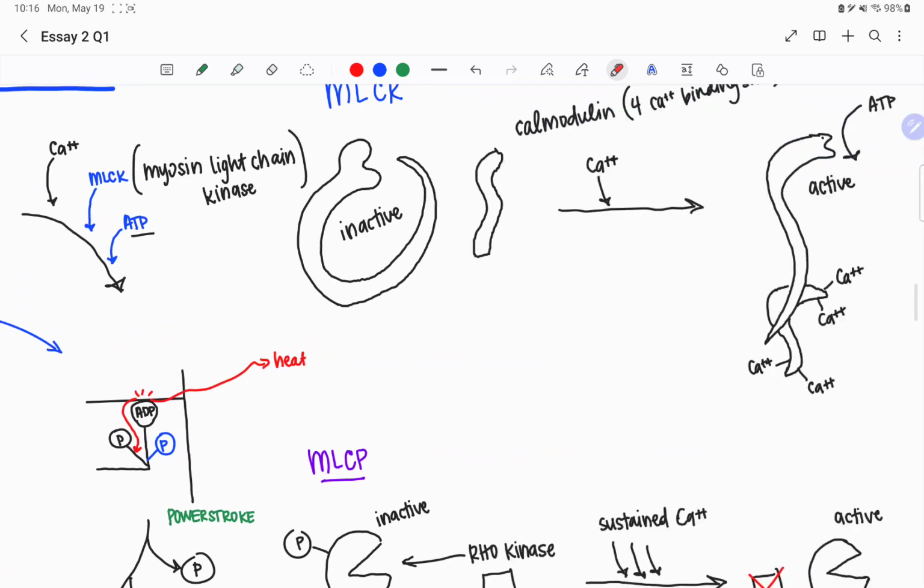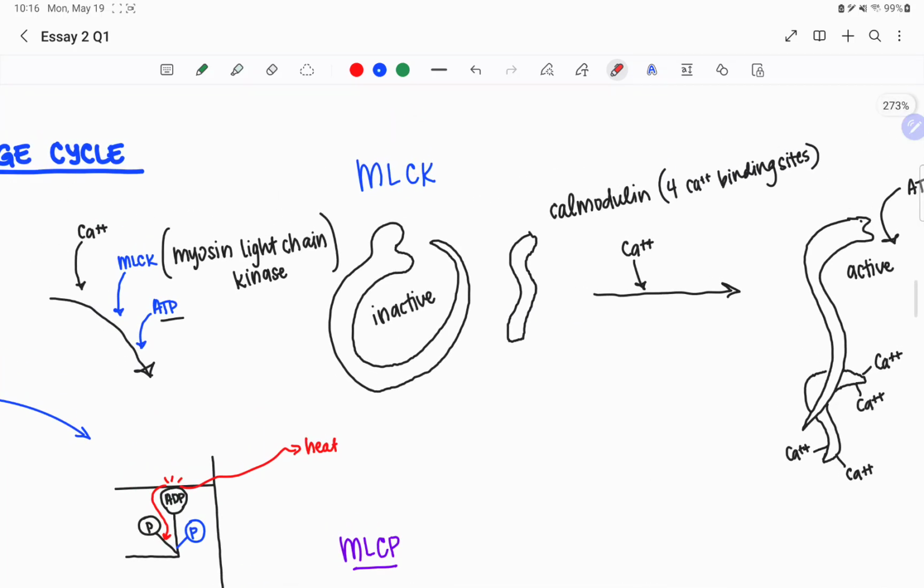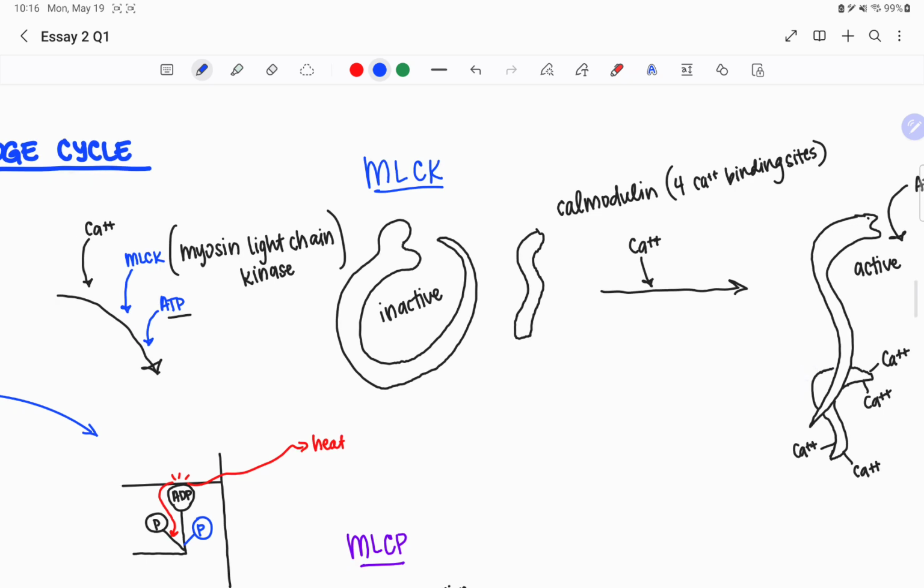So I want to show you really quickly what we're talking about with MLCK and MLCP. So MLCK, when it's inactive, it's kind of like a snake biting its own tail, okay? But we have this enzyme called calmodulin, and it has 4 calcium binding sites. So when calcium comes into the system, it binds to calmodulin.